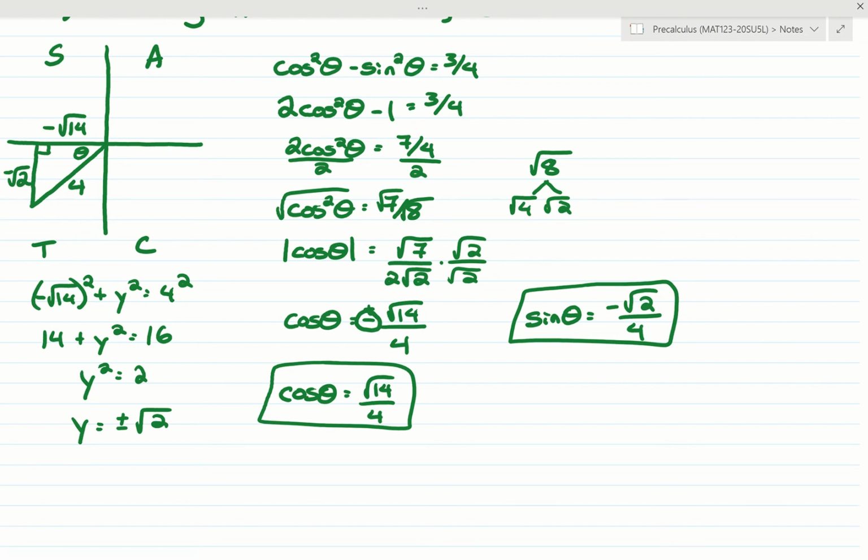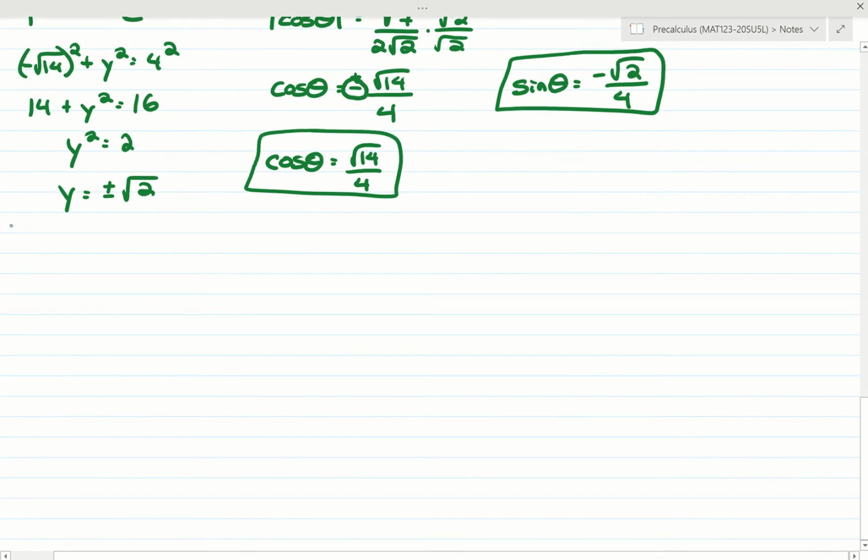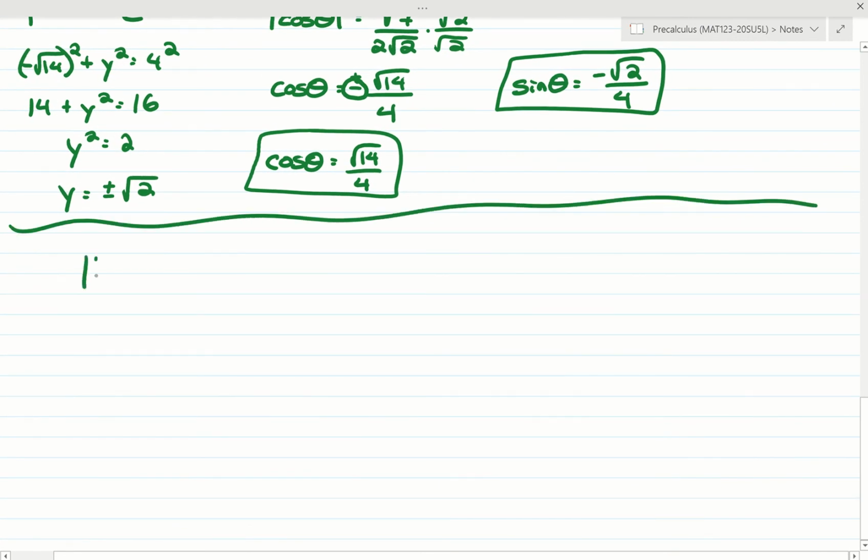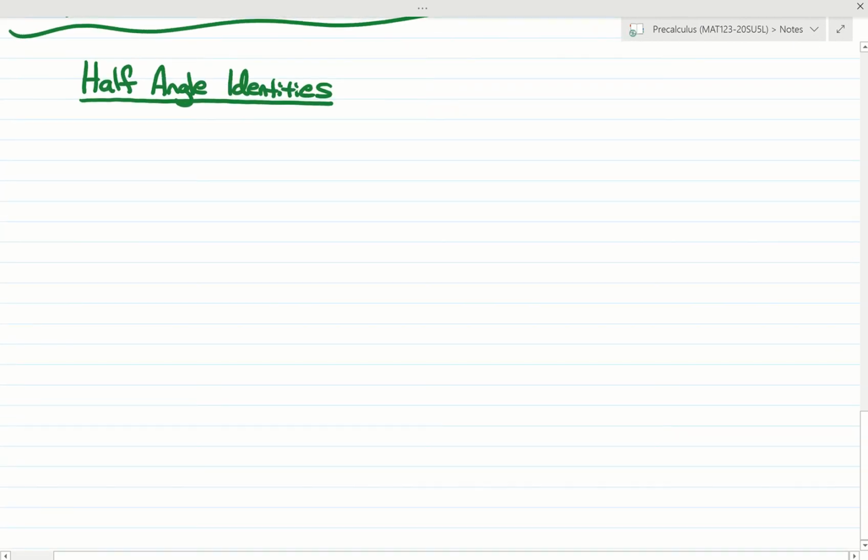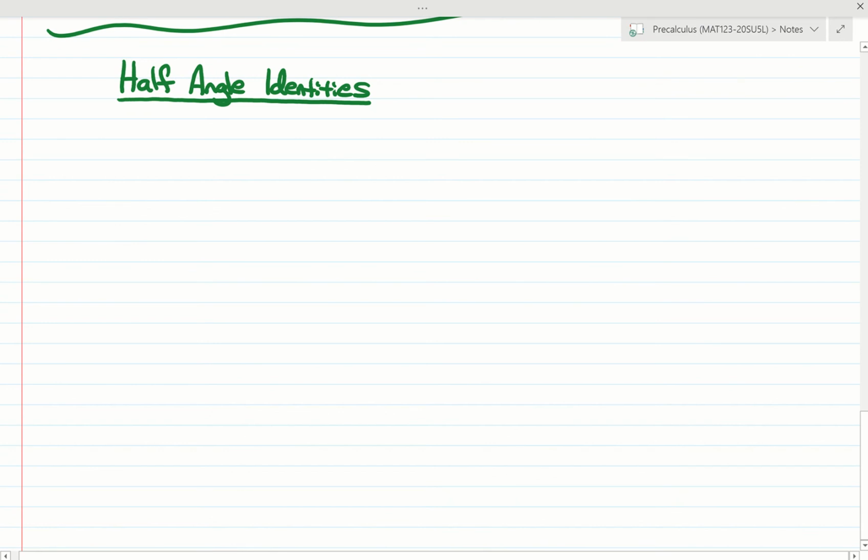Now let's work on the half angle identities. The half angle identities say that the sine of any angle A divided by 2 is equal to plus or minus, we have to determine that based on all students take calculus, the square root of 1 minus the cosine of A divided by 2.